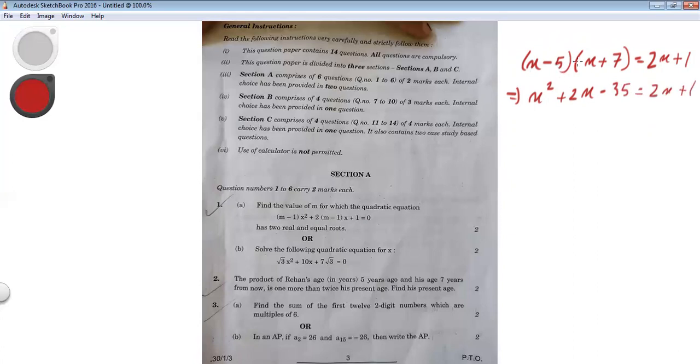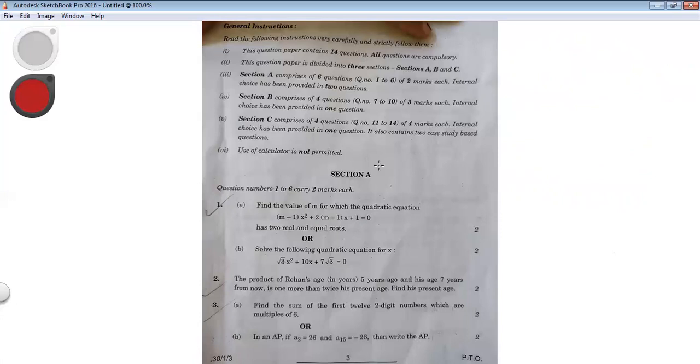Minus 5x plus 7x gives 2x, so 2x gets cancelled. This implies x squared equals 36, so x equals plus or minus 6. Since age cannot be negative, his age is 6 years. I hope you were able to find his present age.